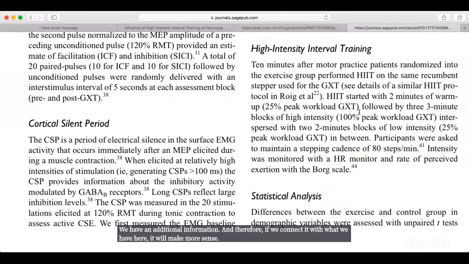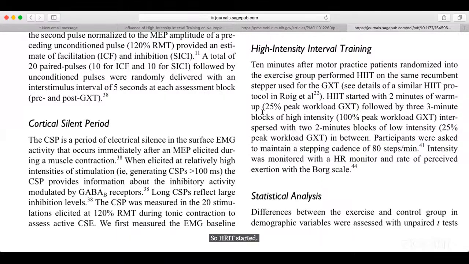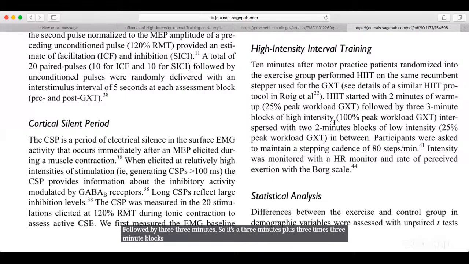So HIIT started with 2 minutes of warm-up, which is 25% peak workload GXT. We know how to get the peak workload GXT. All we need to do is take 25% of it, followed by 3-minute blocks of high intensity.